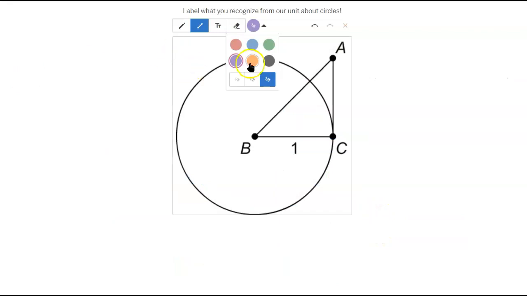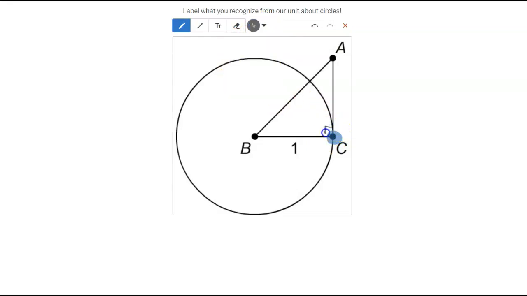Let's label what we recognize from our unit circles. So here we have a circle. Notice that right here is our tangent, our point of tangency. Our point of tangency makes a 90-degree angle.